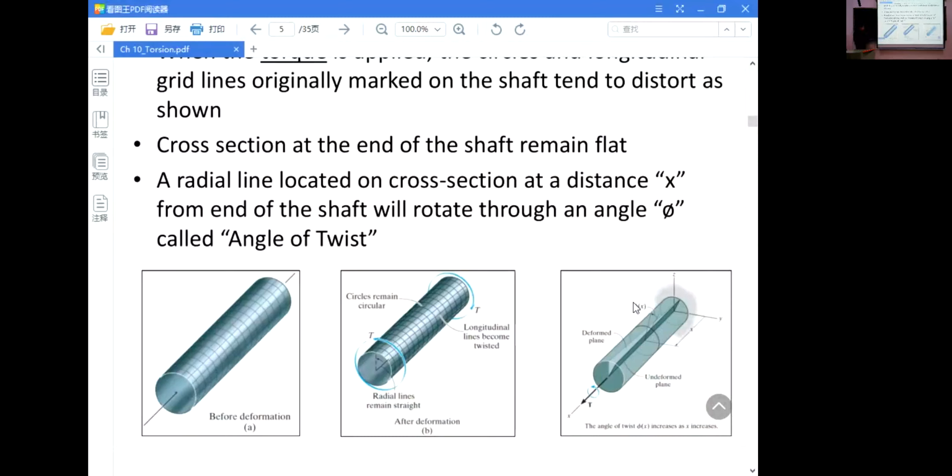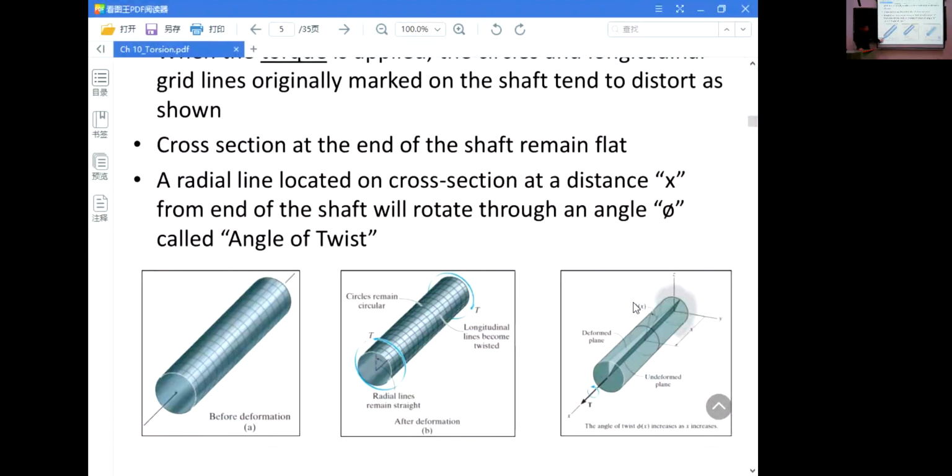A plane remains a plane, and after deformation it is also a cross section. But this is for the circular rod.